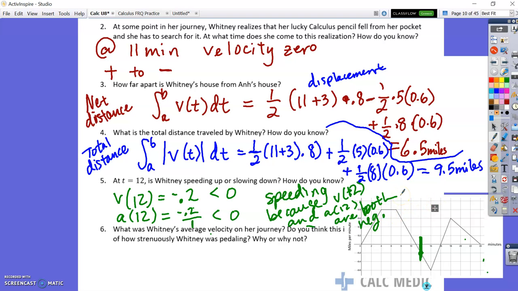In other words, they have the same sign. And so, since they have the same sign, she's speeding up.